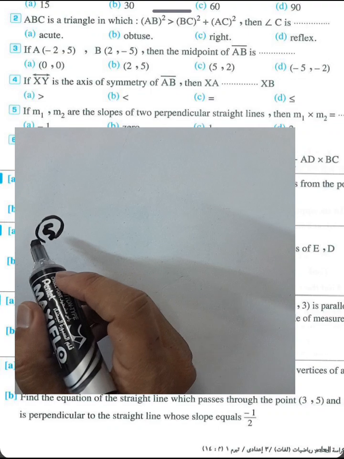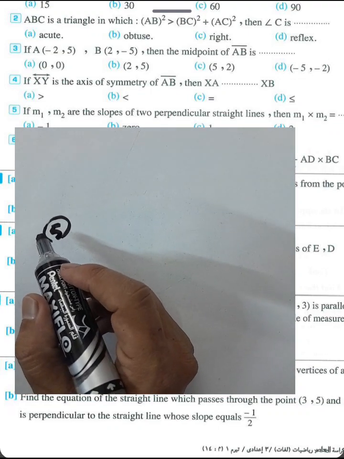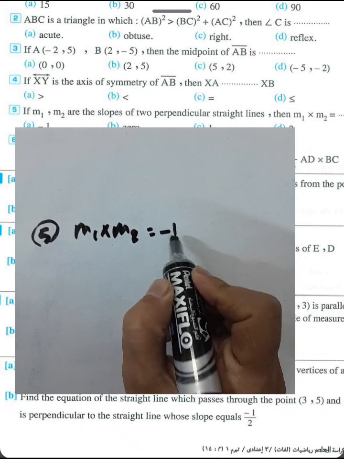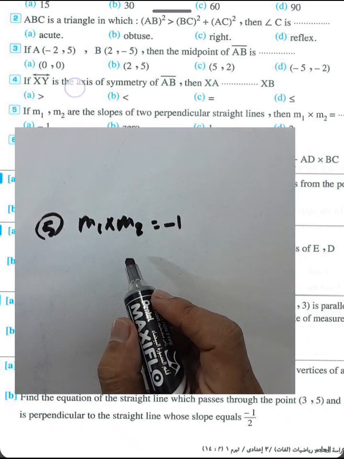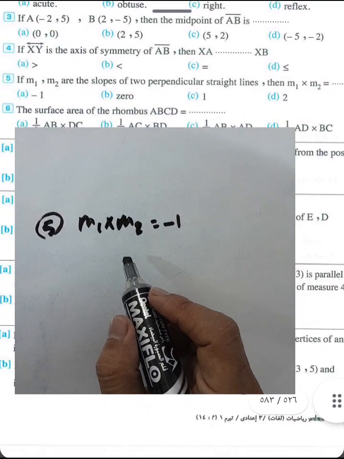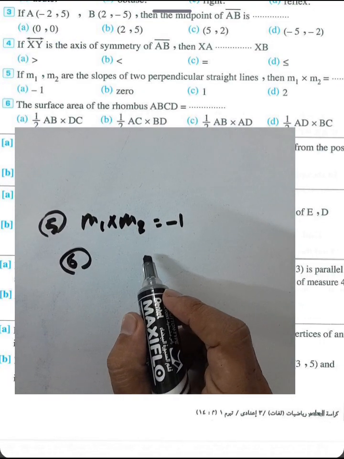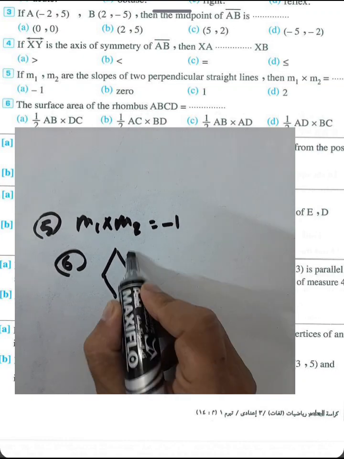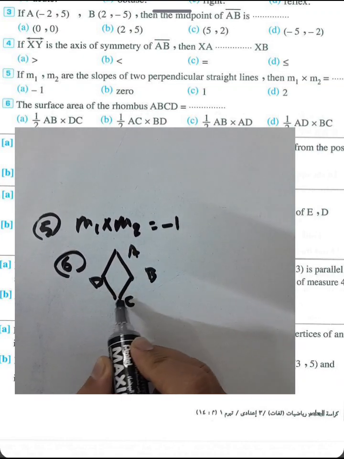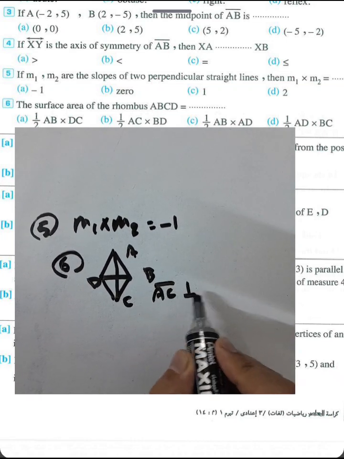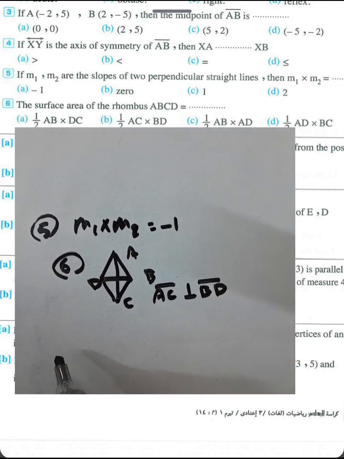Number 5. M1 and M2 are the slopes of two perpendicular straight lines, so M1 multiplied by M2 will be negative 1. Choose letter A because they are perpendicular. Question 6. Surface area of a rhombus. We have A, B, C, and D, AC perpendicular to BD.